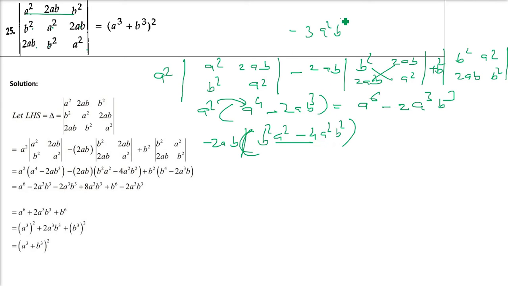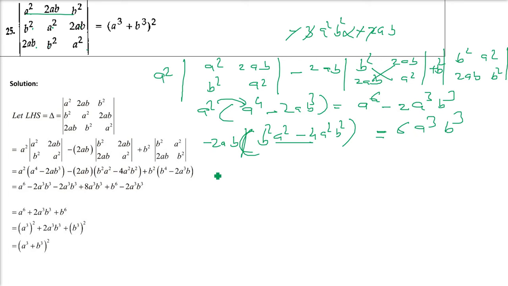A square B square minus 2AB was already there. It becomes 6A cube B cube. You get 6, A cube B cube. Now third one we are doing. So third one is B square.